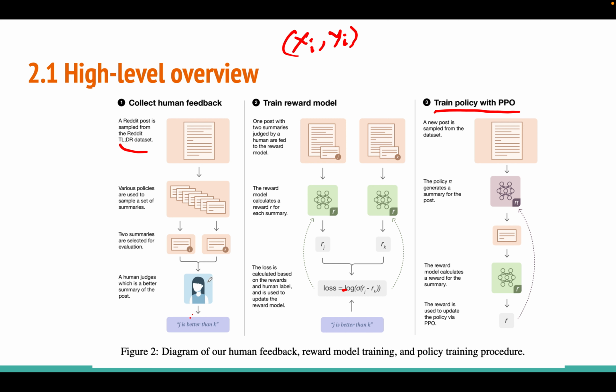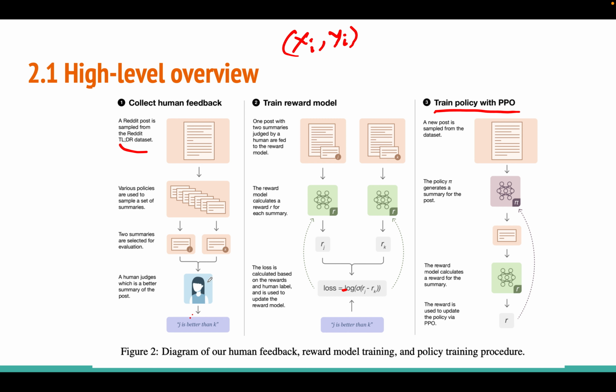And we train this model with this loss. Since we have this dataset with the human preferences, we feed the post and the summary to the model and get the score. We do that for both of the preferences.